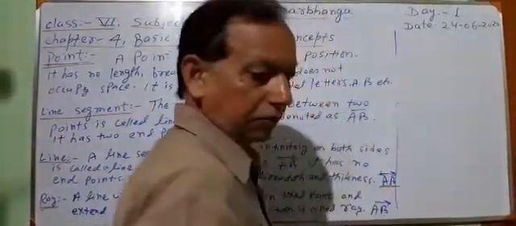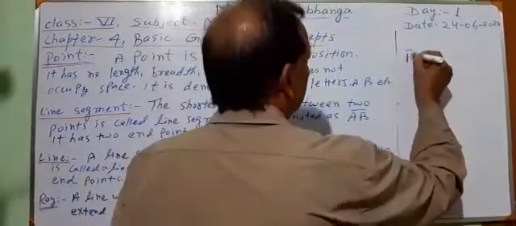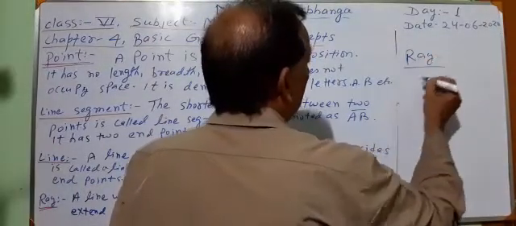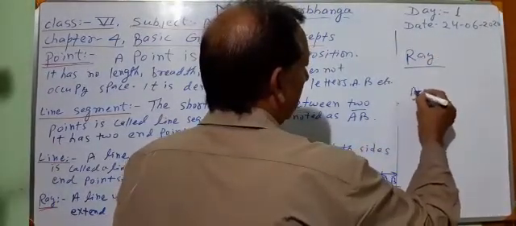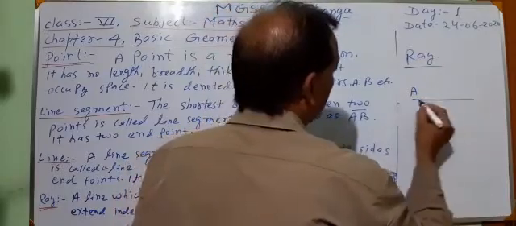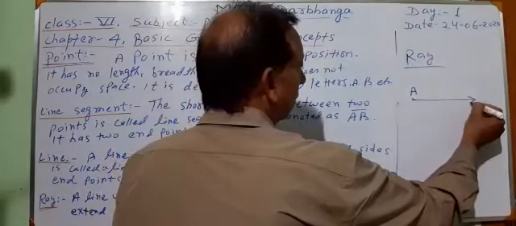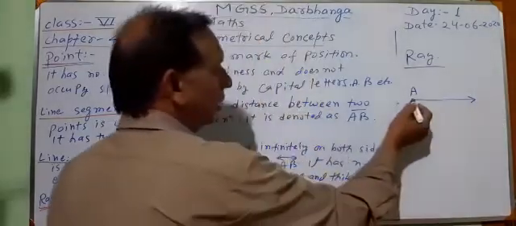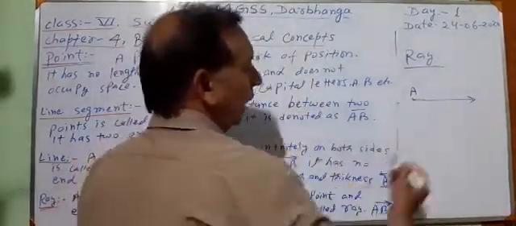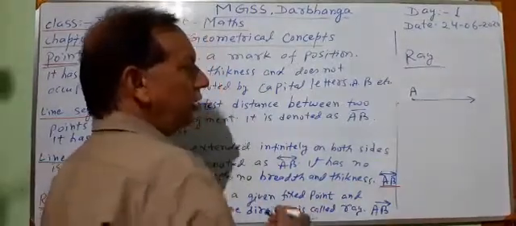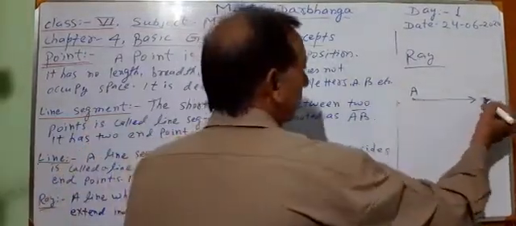What is a ray? Suppose this is a point A. A line starts from this fixed point A, and it has no end. There is one end, A, and on the other side it has no end point. It extends indefinitely in the other direction.